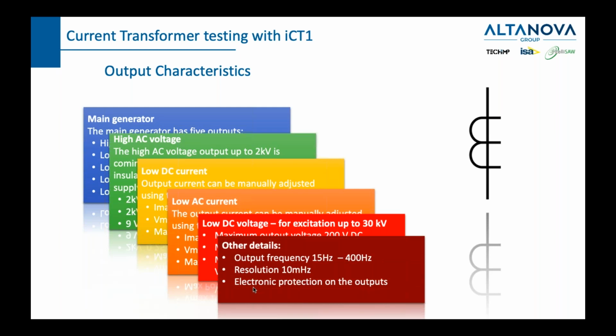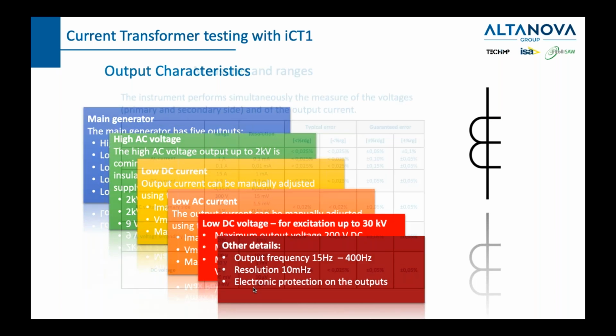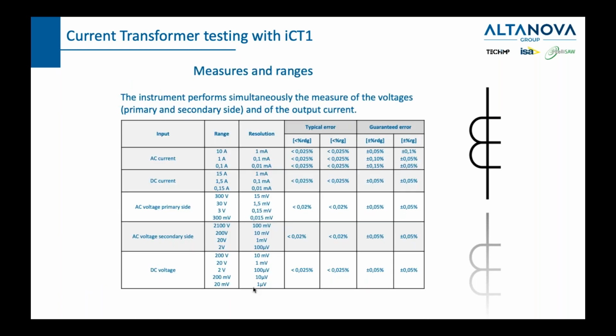The frequency goes from 15 Hertz to 400 Hertz, and the resolution is very good, which is 10 millihertz. Another thing which is very important to emphasize here is a very high accuracy when it comes to measurement. And trust us, this is one of the beautiful parts of the device, because it is not easy to measure with such a high accuracy.